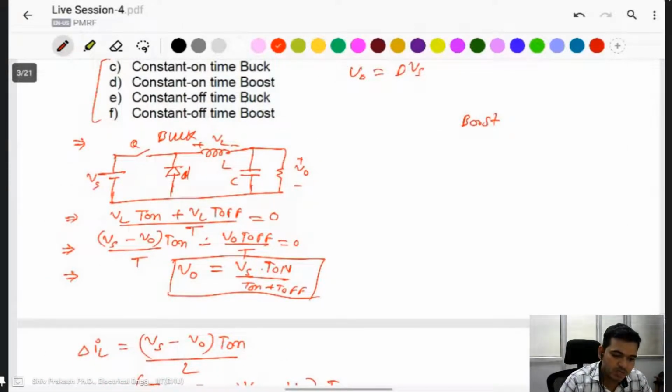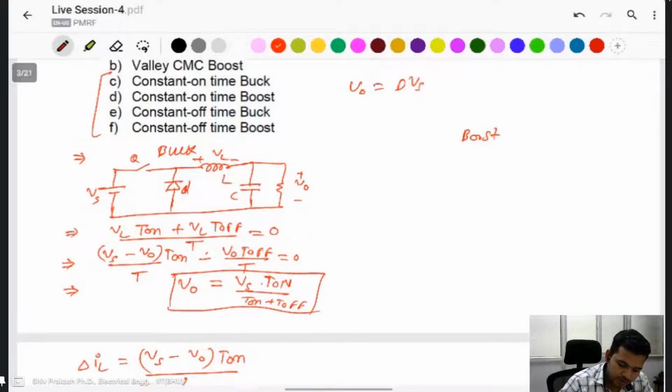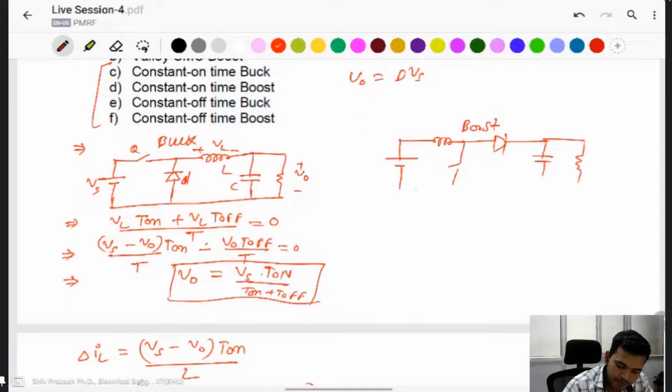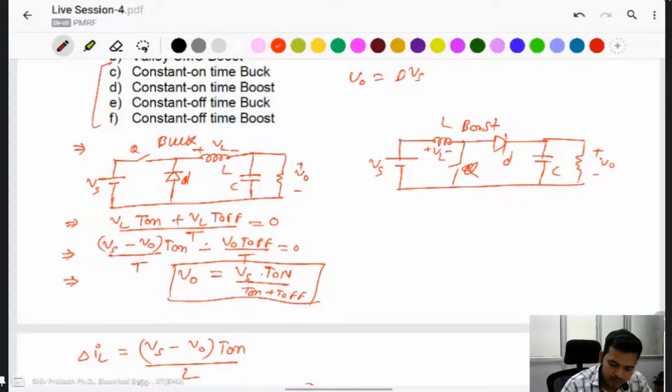Once again, I draw for the boost converter. If you draw the boost converter, then you find Vs, plus minus V naught, C, L, Q, D. Apply the same volt-second equation: VL T on plus VL T off divided by T equal to 0.